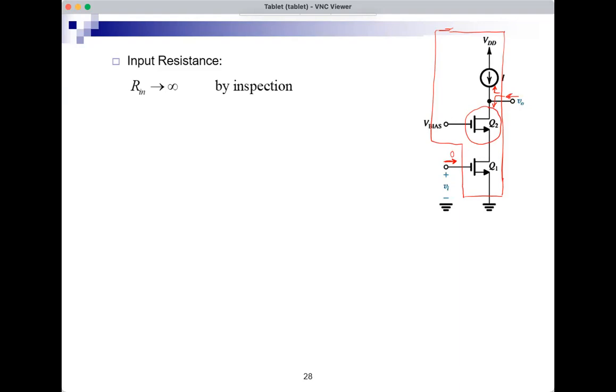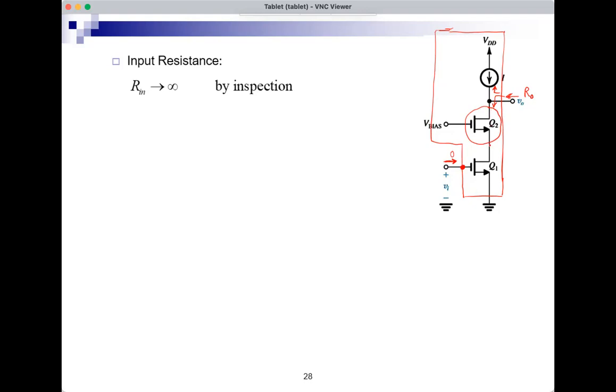Is this the case here? Well, if I'm doing output resistance calculation, I set the input to 0. Every time I do output resistance calculation, I set the input to 0. So if I set the input to 0, this here would be at ground. And to find RO, I'm looking into the drain of Q2.